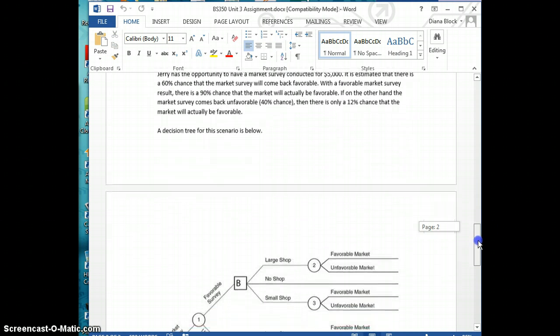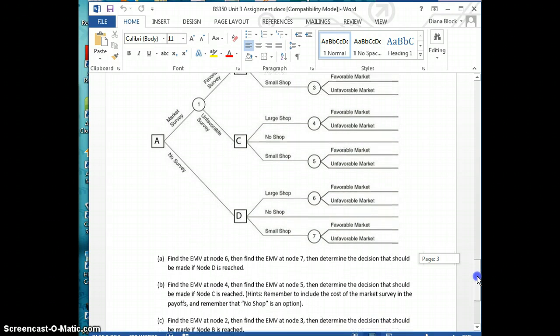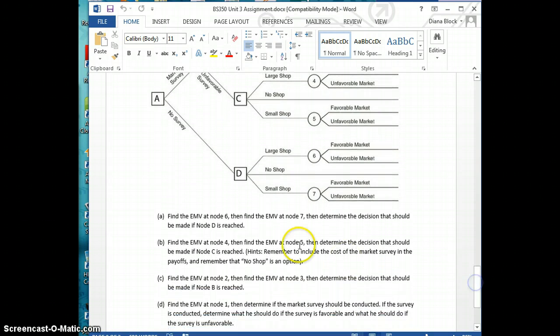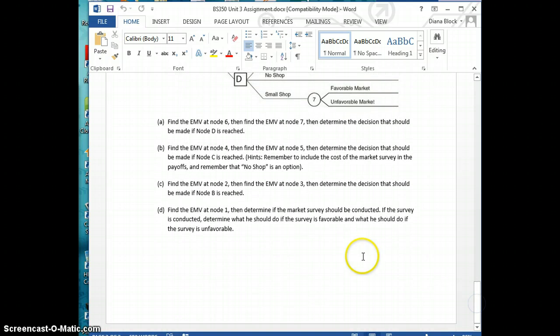Then problem 4 is actually a repeat of problems worked earlier, problems 1, 2 and 3. You're going to calculate EMV, so that's expected monetary value at a specific location. You're then going to find EMVs at various nodes in this decision tree and decide what you should do if you reach that particular decision point.